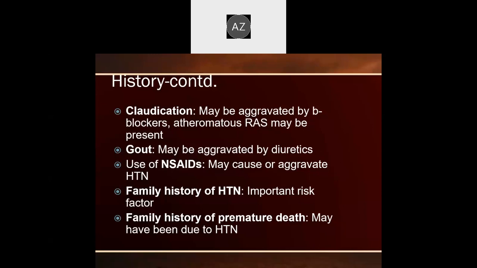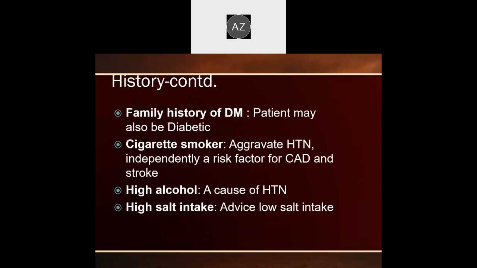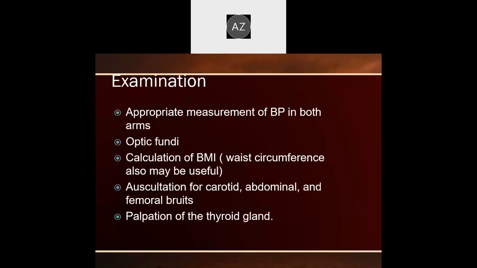The family history of hypertension is important to ask. So, the family history of diabetes mellitus. Ask the patient whether they have been smoking. The patient on alcohol, patient on high salt intake.